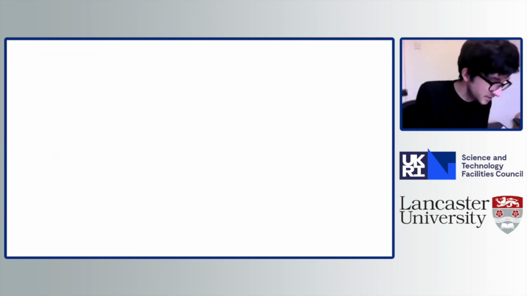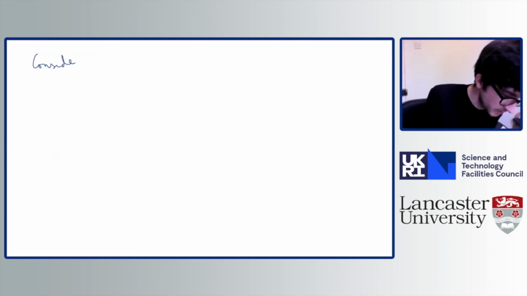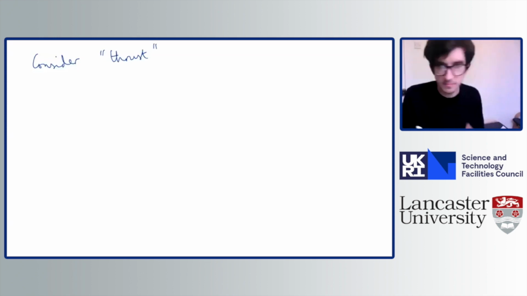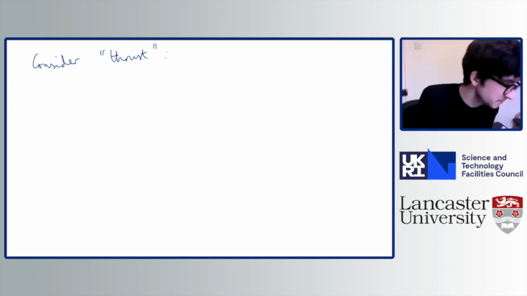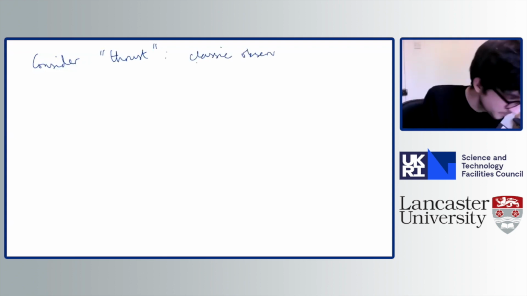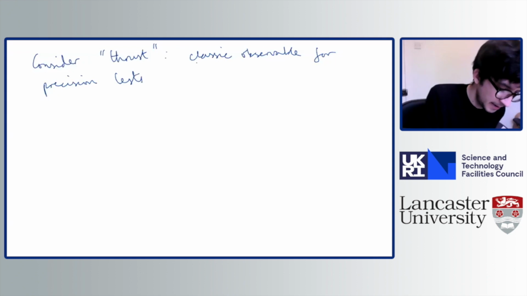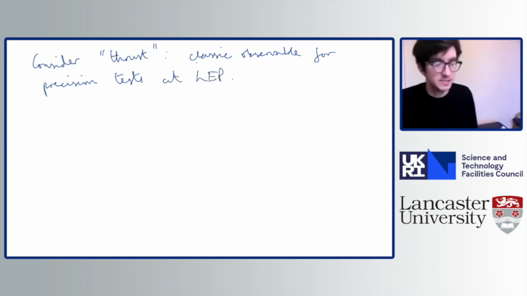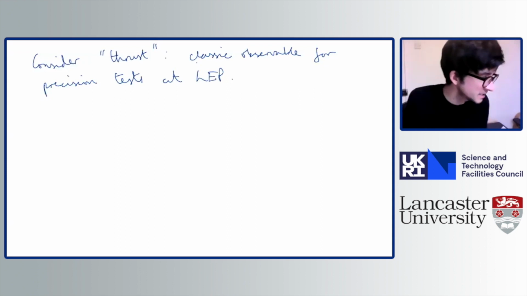And what we're going to consider is one example, although you'll go through some other ones in the problems, which is rather specific to e plus e minus perhaps, but again, it's just an example, as I say. So this is a classic observable, it's called thrust, in particular for precision QCD tests at LEP, the Large Electron-Positron Collider that sat in the LHC tunnel before it was the LHC.